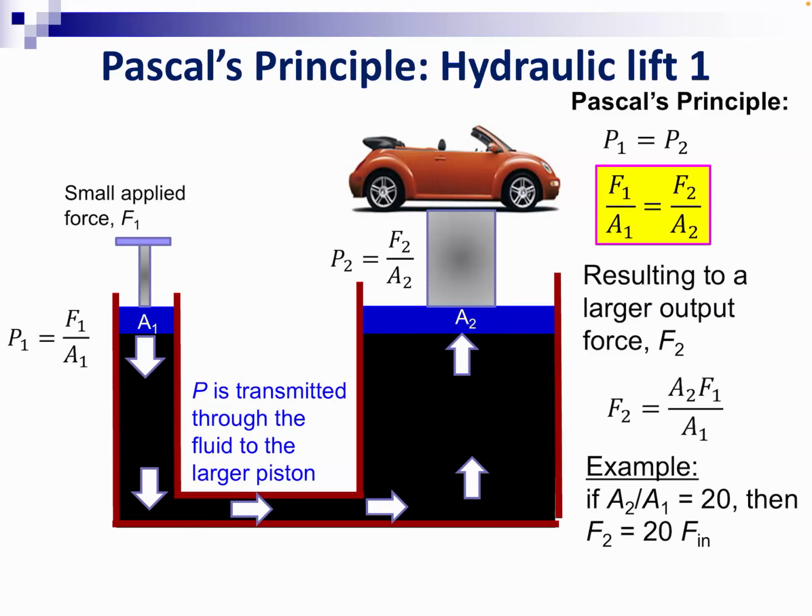So say, for example, the ratio of area A2 to area A1 is 20, meaning area A2 is 20 times bigger than area A1. Then Pascal's principle says that the force felt by area A2 will be 20 times the force felt by area A1. So, sorry for some labeling typos there. So that will be the force exerted in area A1.